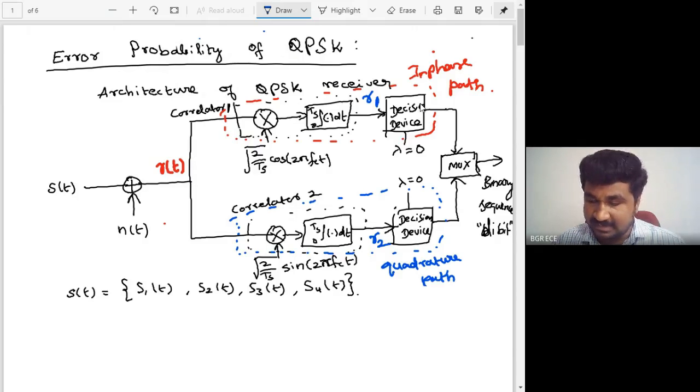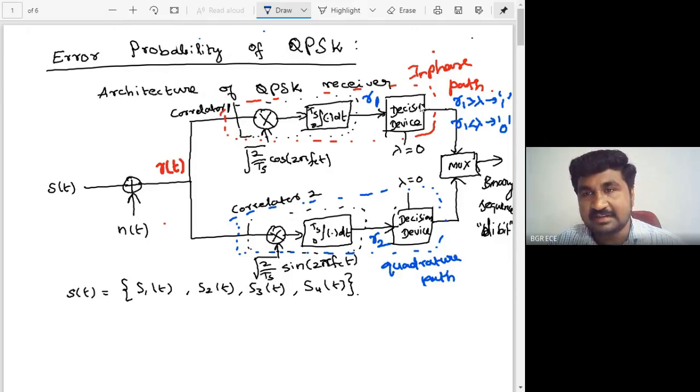R1 is compared in the decision device. Similarly, R2 is also compared with the threshold in the decision device. When R1 is greater than lambda, the decision device will decide in favor of 1. If R1 is less than lambda, then the decision device will decide in favor of 0.